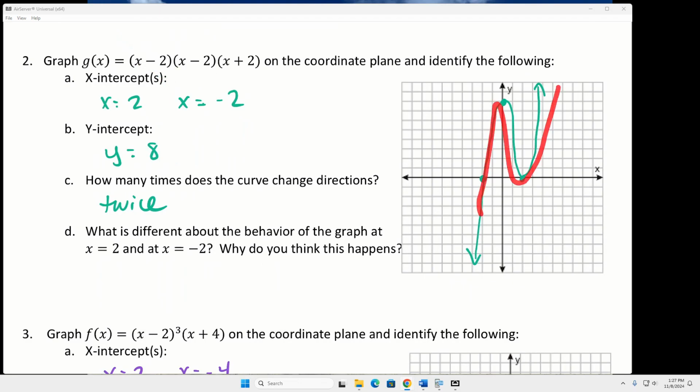It changes directions twice. Now, D, I haven't filled in because I want you guys to try and remember some things from Algebra 2. What is different about the behavior of the graph at 2, which is here, versus -2? What's different about what happens there?